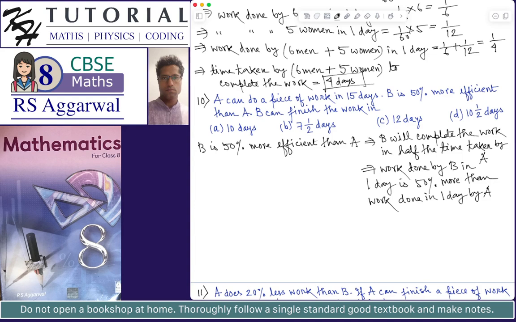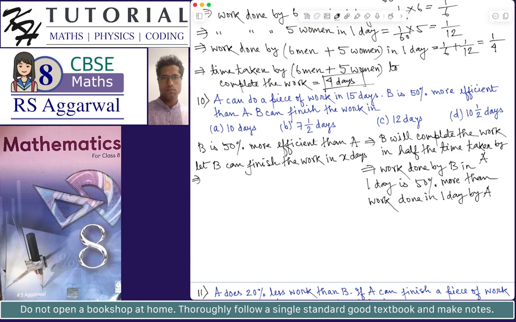So let's assume B can finish the work in X days. Since we know that B will complete the work in half the time taken by A, which means that A will take twice the time taken by B to complete the work.